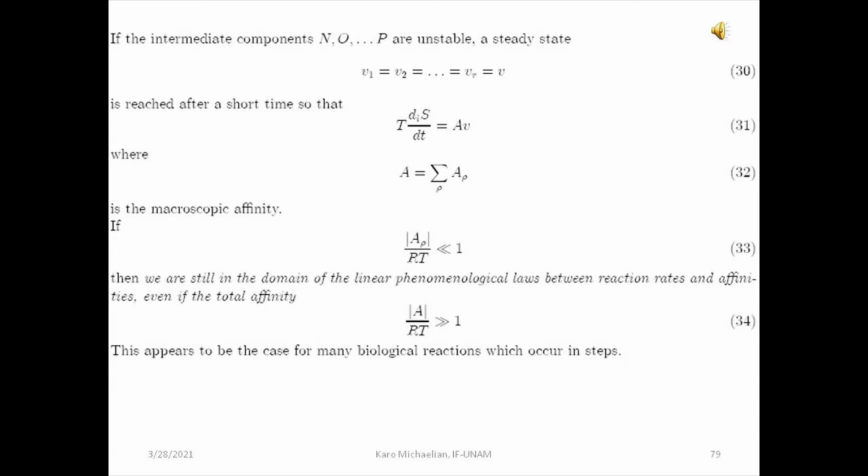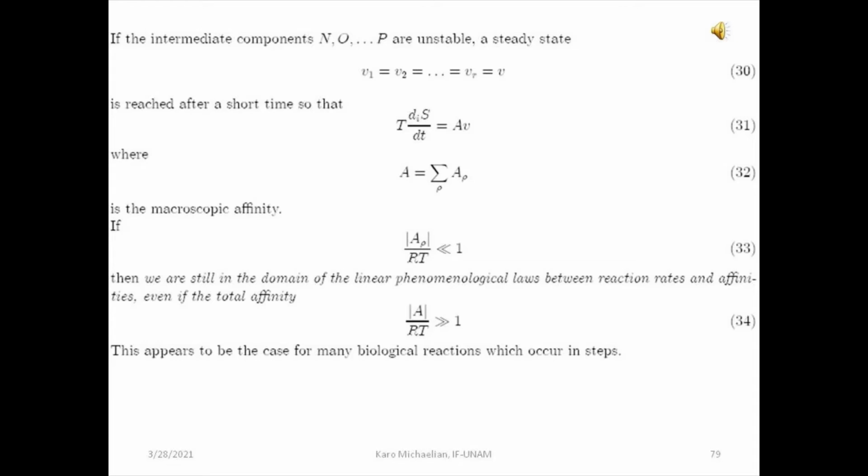And so after a short time the entropy production is just A times v over T, where A in this case becomes the sum over all of these individual reactions of the affinities assigned to each of these individual reactions. A then is the macroscopic affinity.